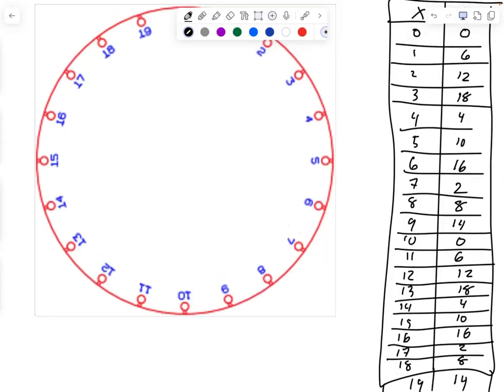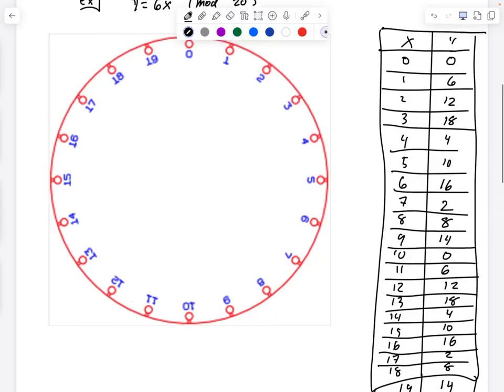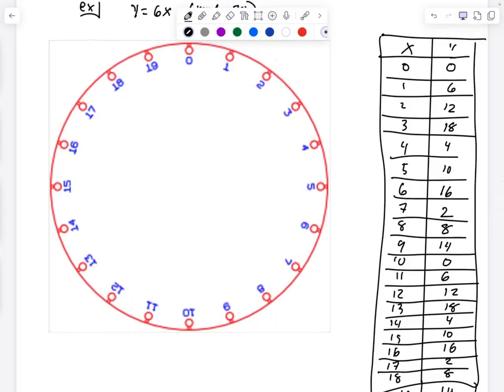All right, so let's do this. 0 to 0, so that's just a dot, nothing special there. 1 to 6, and you just got to take your time. 1 to 6, 2 to 12, 3 to 18. 4 to 4, that's just a dot.